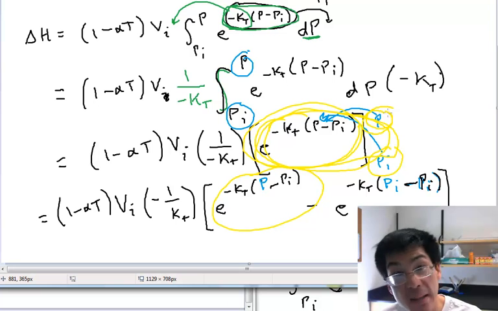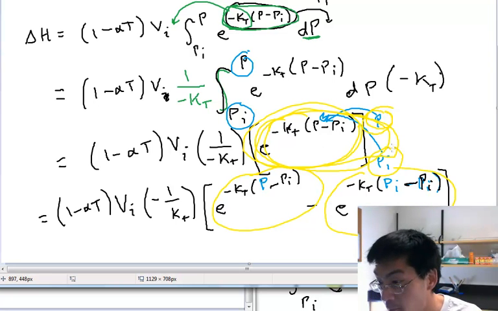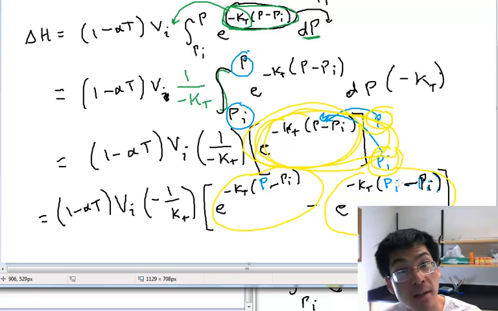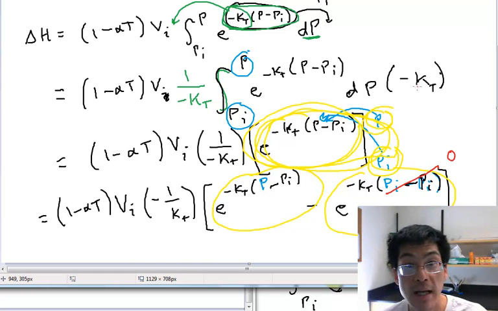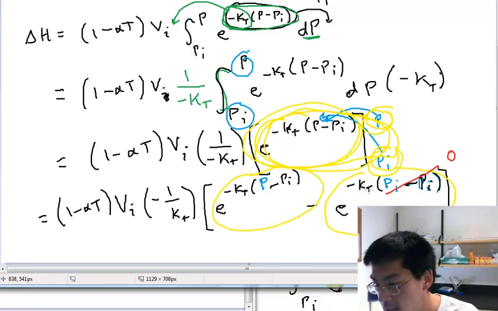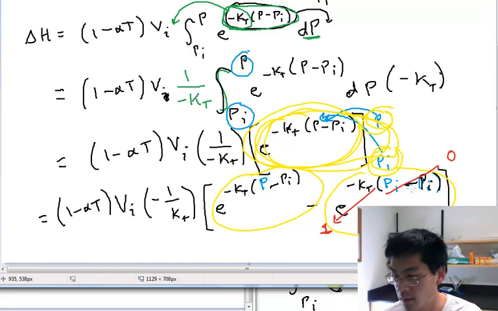I had to subtract it with the top variable p substituted in, minus the same thing with the bottom variable pi substituted in, right? But lucky for us, pi minus pi is 0. And everybody knows that anything to the power of 0 is just 1, right? So this whole second term is just 1. I love 1. It's almost as good as 0.